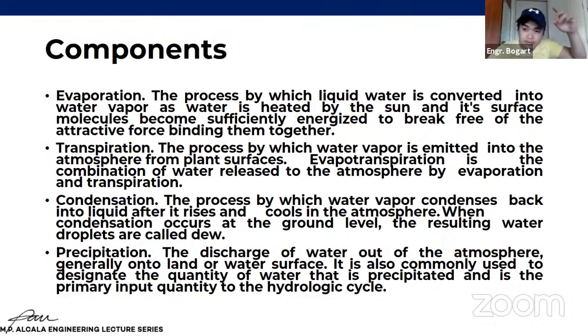So, precipitation, rainfall, trapped by the vegetation or by the plants or by the trees in the forest, never go down the land or fall down the land. Sana all pa-fall. Hindi siya nag-fall, just evaporate. Okay, evapotranspiration. Condensation, the process by which water vapor condenses back into liquid after it rises and cools to a specific temperature called the dew point, thus forming the clouds.